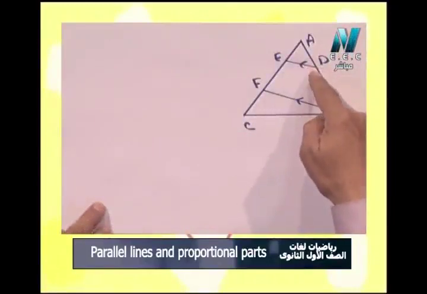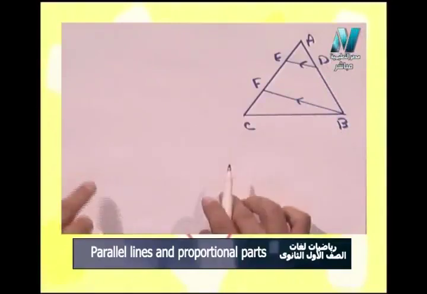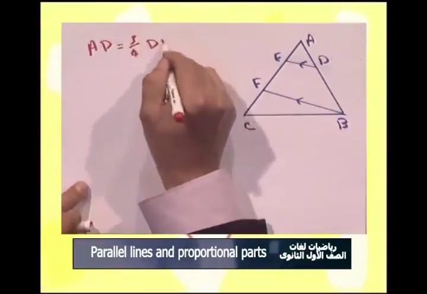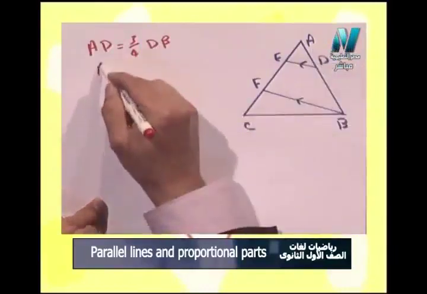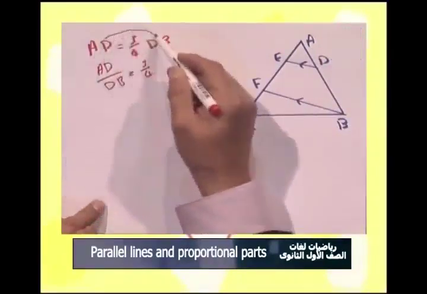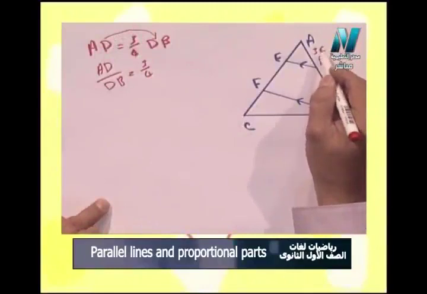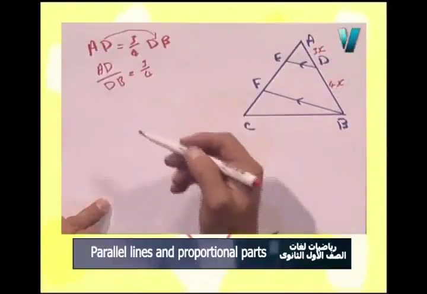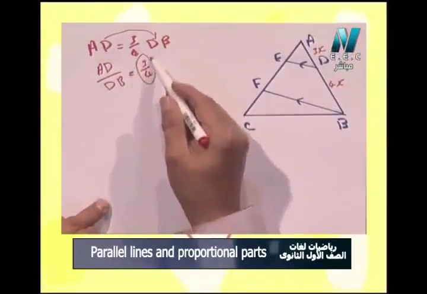AD and DB, we don't know them, but we have a ratio: AD equals 3 over 4 DB. We can write AD over DB equals 3 over 4, and we can write AD as 3x and DB as 4x. My dear students, you know that if AD over DB equals 3 over 4, it's a simplest form ratio.